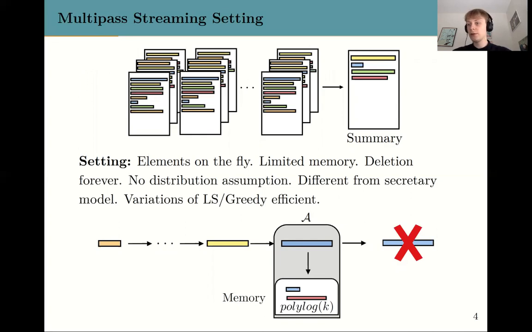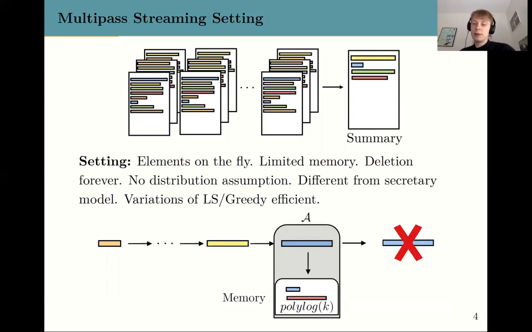Whenever you see a sentence or a word, without having to look at everything next, you would either try to select it and put it in some memory of size polylog k, or discard this element forever. Elements in your memory can be either part of your final summary or can be discarded later.